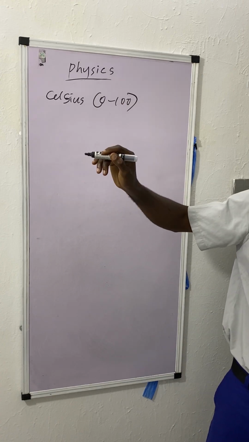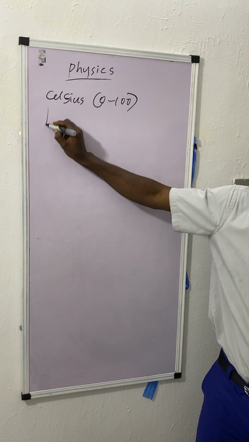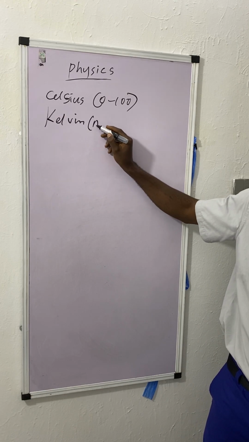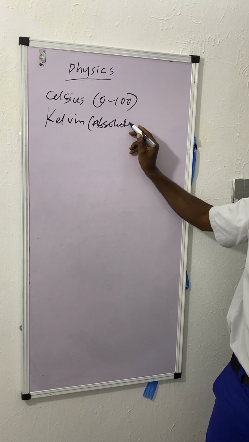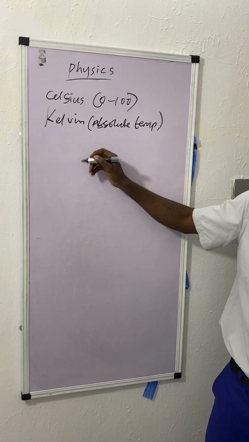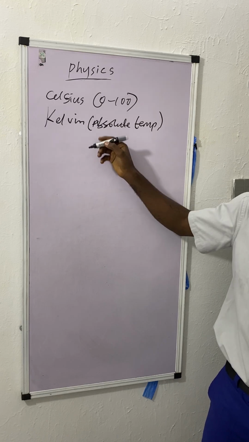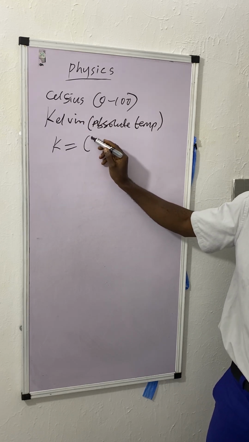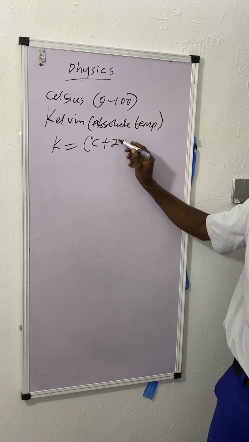Then for Kelvin, Kelvin is also called absolute temperature. The formula is Kelvin is equal to degree Celsius plus 273.